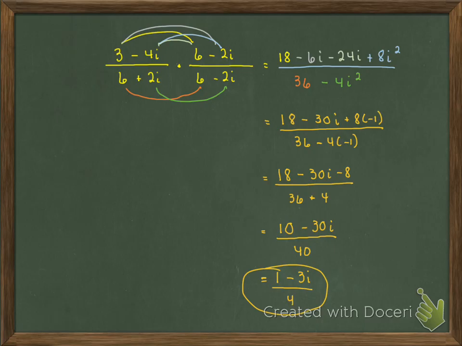So let's do one more like that. Okay. So let's do -1 minus 6i all over 2 plus 4i. So we multiply by the conjugate of the denominator, which is 2 minus 4i divided by itself.